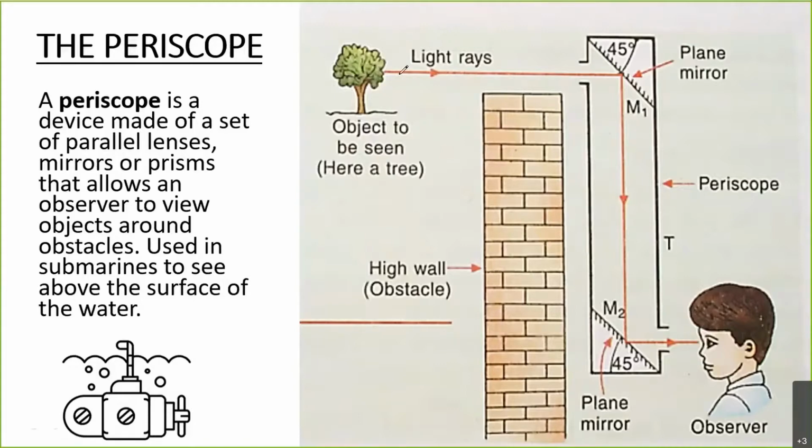So the light rays that come from the tree hit the first mirror and make an angle of incidence with the normal. What I'm drawing in purple is the normal for this mirror. Remember, the normal is always 90 degrees to the surface. So even if the surface is slanted, the normal is still 90 degrees.